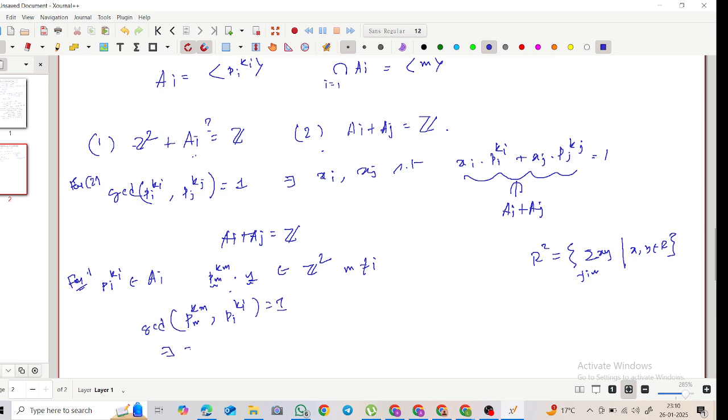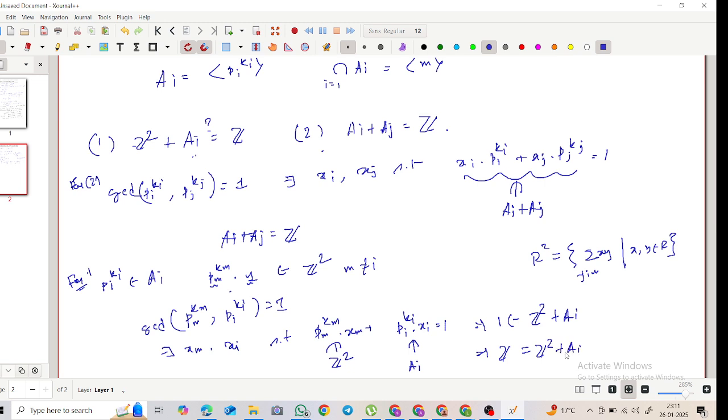So again there exist x_m, x_i such that p_m to the power k_m times x_m plus p_i to the power k_i times x_i is 1, which means 1 belongs to, now you look at it, this is in Z square and this element, of course, is in A_i, na? So 1 belongs to Z square plus A_i, which means Z is Z square plus A_i.